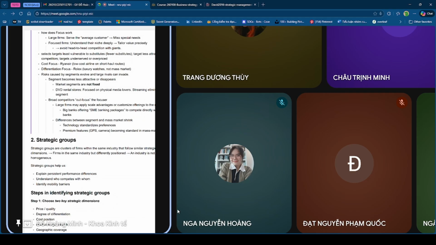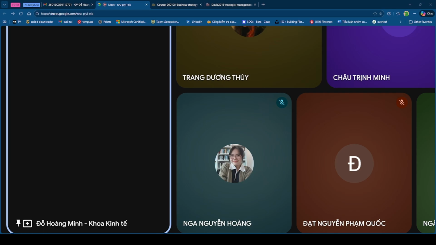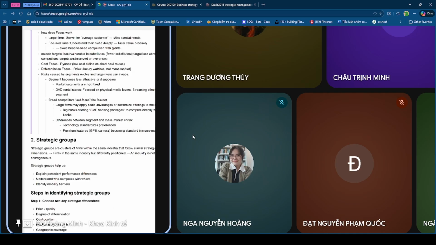Okay? The first risk is your chosen market segment becomes less attractive, or it gets smaller, because of the change in customer preference and the change in technologies. So that is the first risk. The second risk is you can compete against the broad competitors.